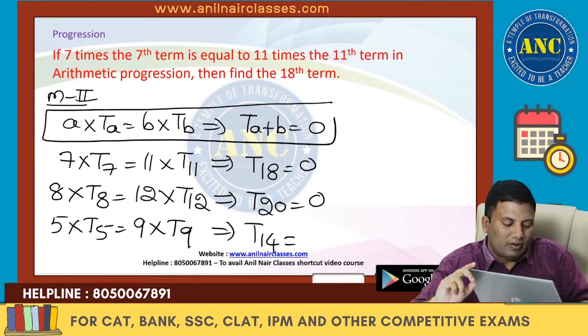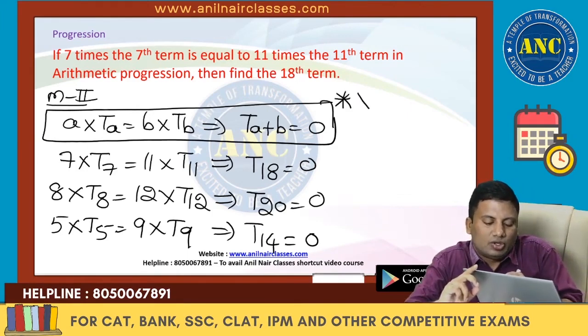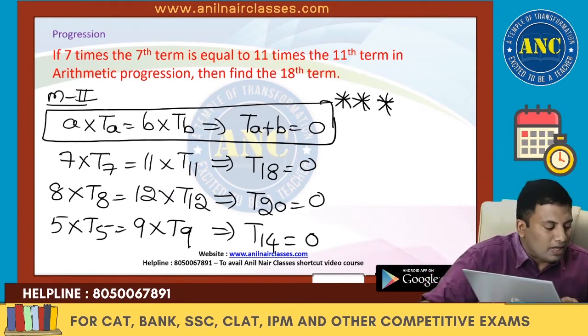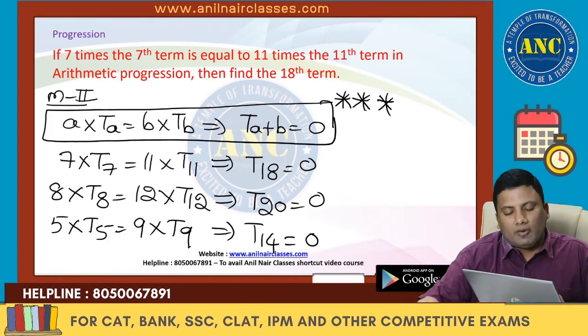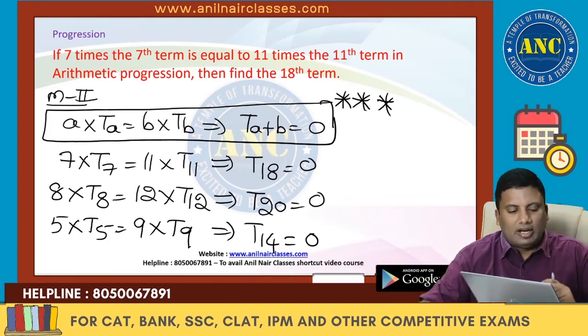T14 will be equivalent to 0. I hope this idea is clear. A into Ta equivalent to B into Tb, then T(a plus b) will always be equivalent to 0.